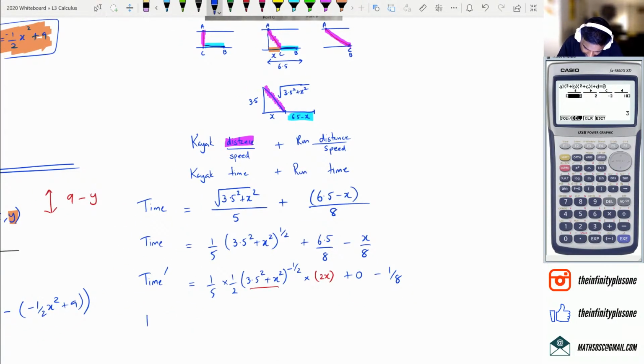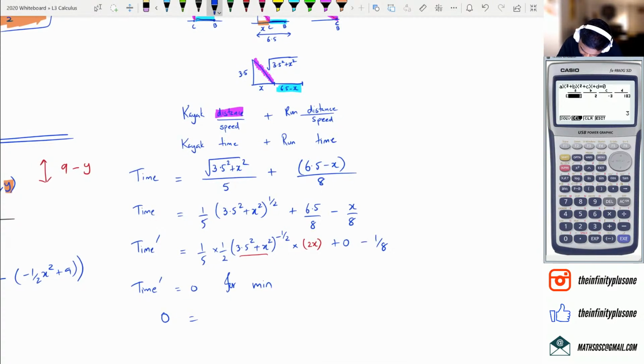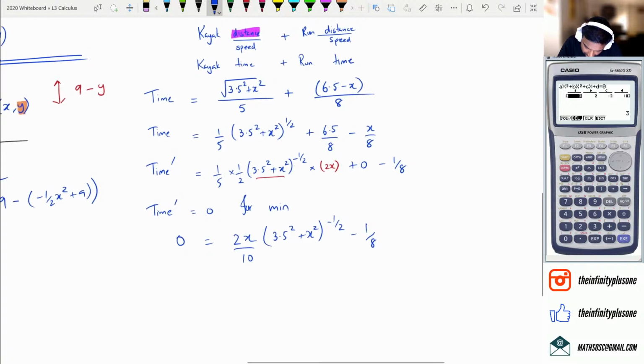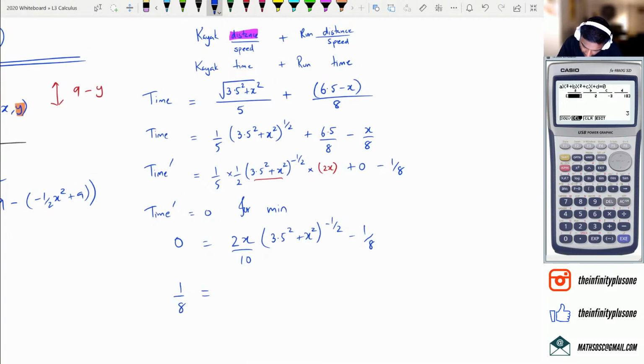So we can say that dt/dx is equal to 0 for minimum. So we're going to put 0 equal to 2x over 10, 3.5 squared plus x squared to the power of negative half, minus 1 over 8. So at this point, all you got to do is just rearrange. So you're going to get 1 over 8 equals 2x over 10.